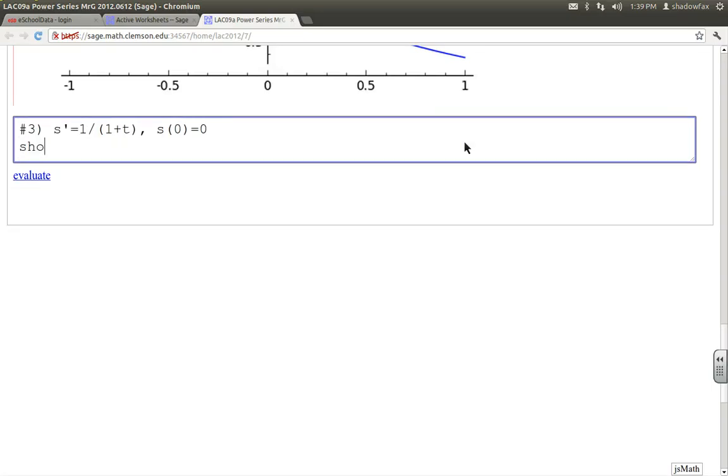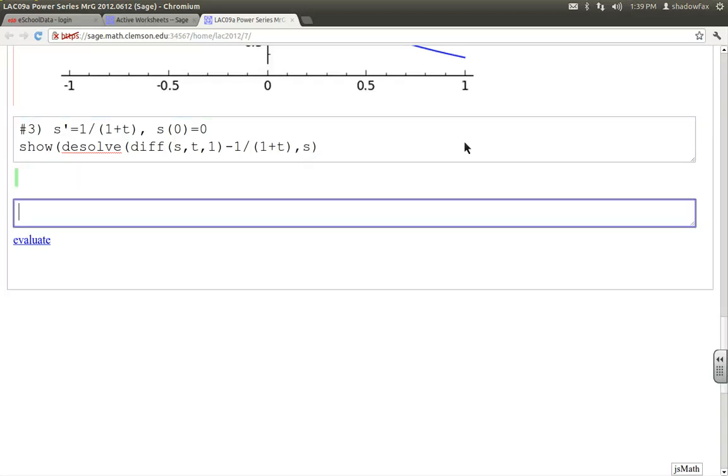Okay, so show the DE solve of the diff of s with respect to t, first derivative, and we're setting that equal to 0, so minus 1 over quantity 1 plus t. Okay, good. And we'll solve that for s and see what we get.